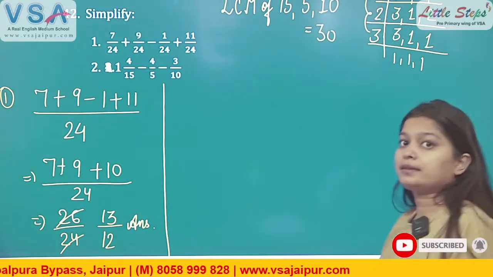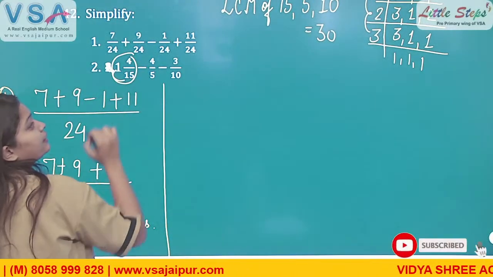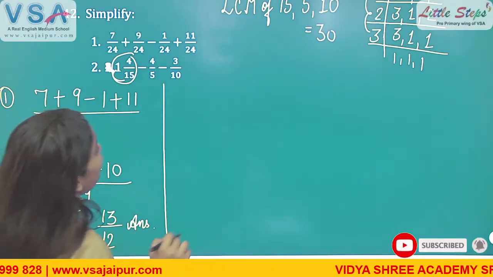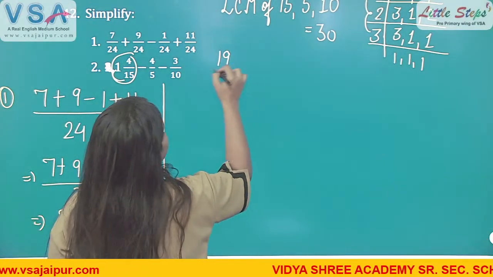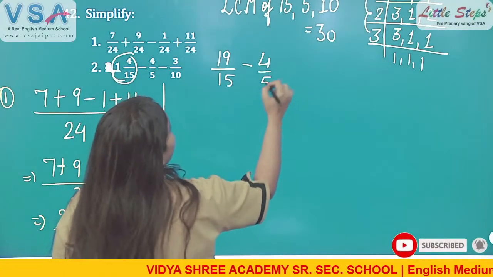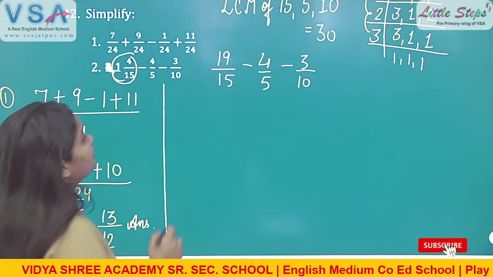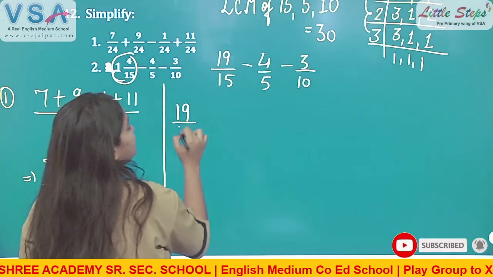Now let's solve the fraction. 15 ones are 15 and 15 plus 4, that is 19 upon 15. 4 by 5, and then we have 3 by 10. Clear? Now what we have to do, we have to write the numbers over here.